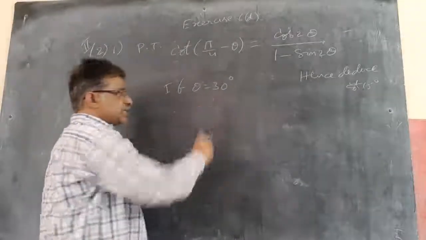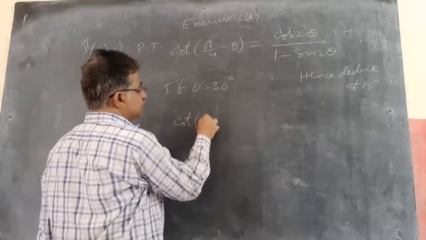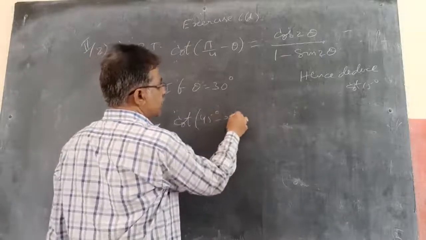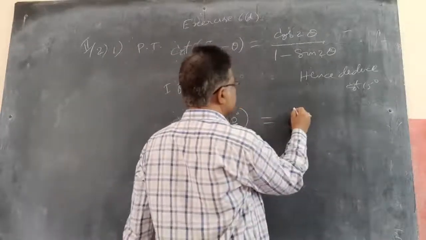That's why I am substituting theta equal to 30 degrees. Automatically it becomes 45 minus 30, which is 15. So wherever theta is there, I am substituting 30 degrees.